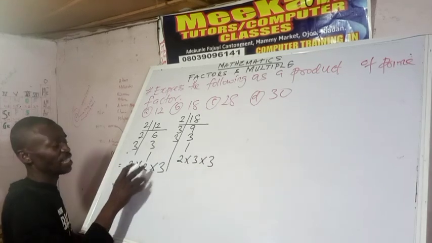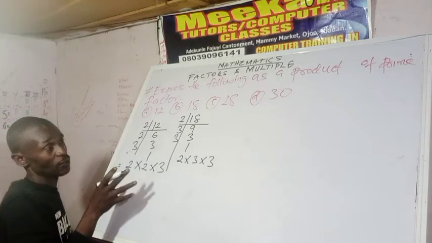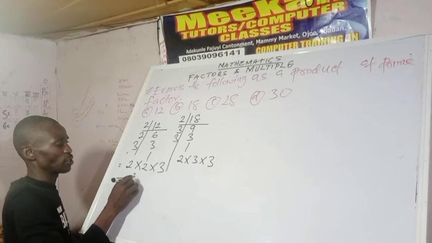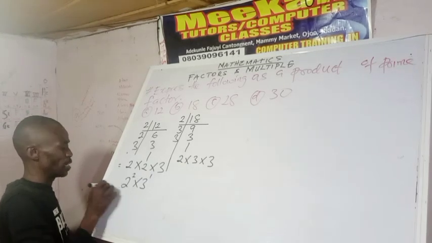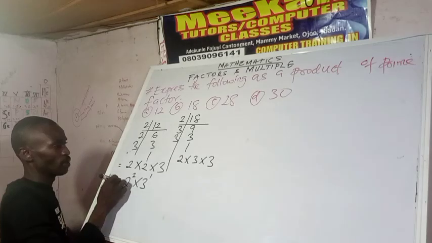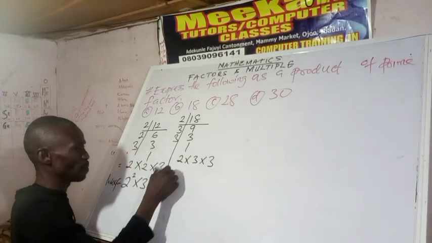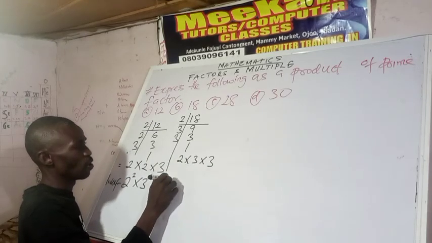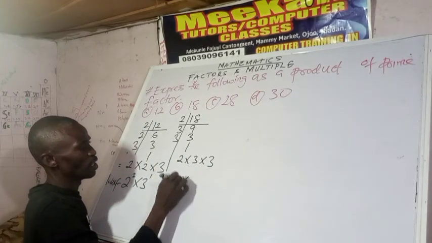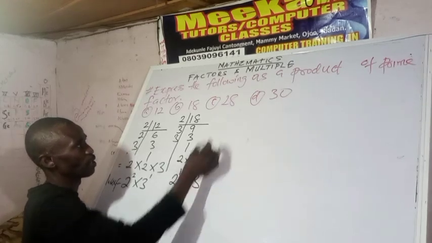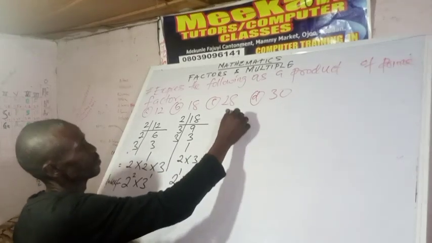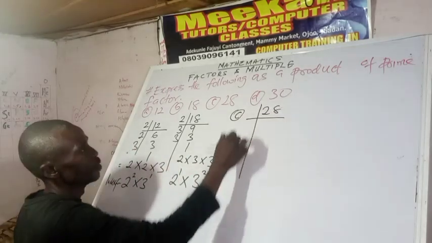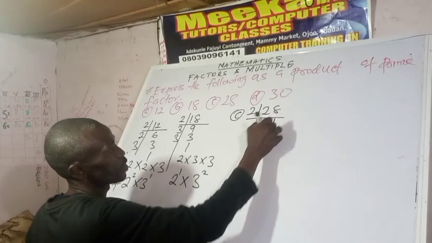If you are to do this in index form, this becomes 2 raised to the power 1 times 3 raised to the power 2 in exponential form. Like the 12 too, you have to represent it in index form: 2 raised to power 2 times 3 raised to power 1. Let's see another one, question 28. 28, I write. 2 here, what do you have? 14.